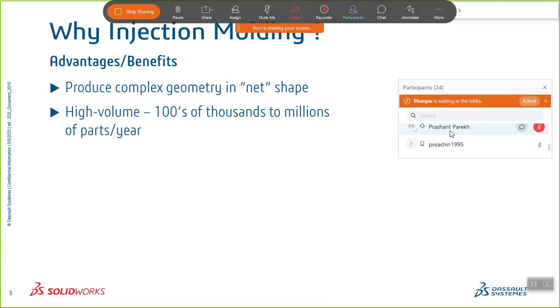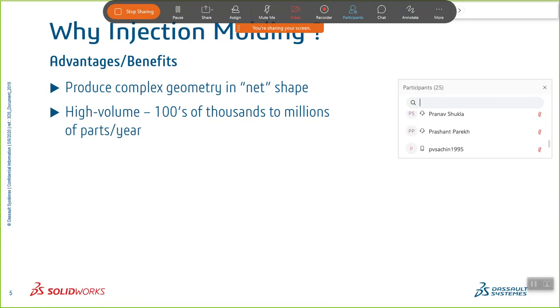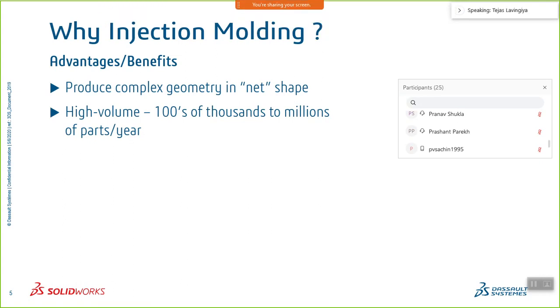So there are a few advantages of why we go into injection molding to produce geometry in net shape. When I say net shape, it is the actual final product. So very little or no post processing is required as compared to other conventional manufacturing processes. We can produce high volume, right? Hundreds of thousands to millions of parts per year. Then it is fast.